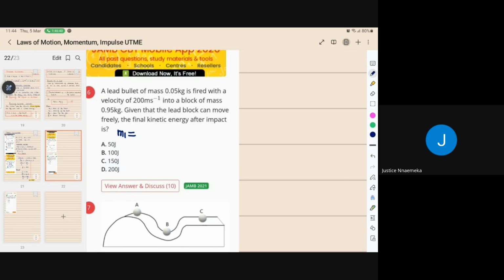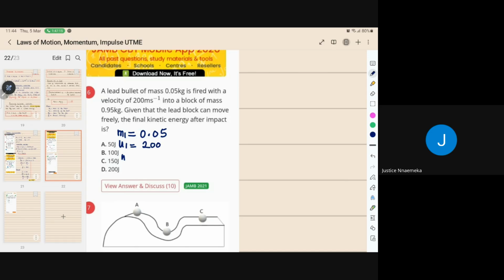So M1 is 0.05. Please, you understand the logic I'm playing here, right? If it is fired into a block, it's assumed that the initial velocity of that block is 0. But once the bullet enters the block, since the block can move, because of the force the bullet uses to enter the block, it will stick inside the block and move along with it. So M1 is 0.05, U1, the initial velocity of the bullet, is 200.